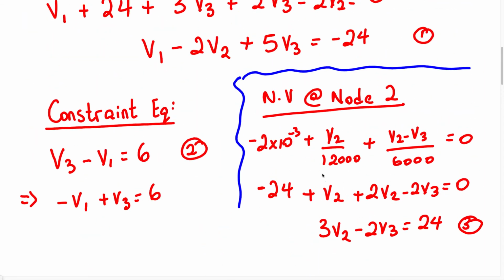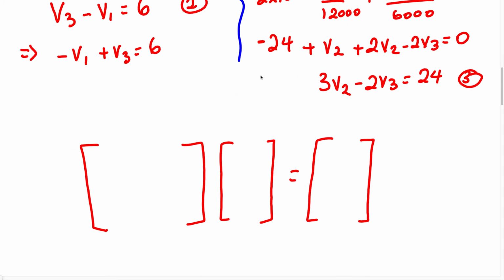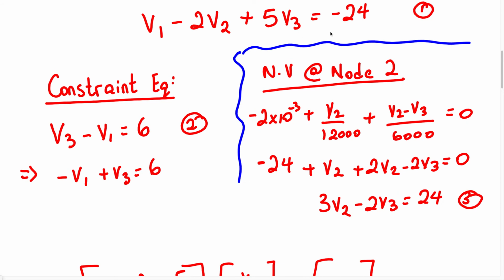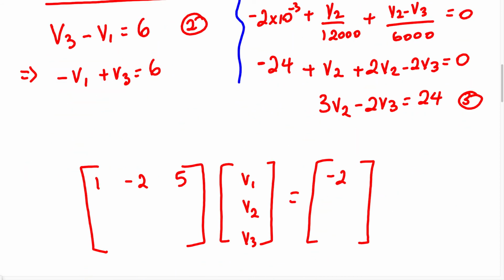For equation 1, we're going to have a positive 1, a negative 2, positive 5. And we know the unknowns are going to be V1, V2, and V3. And that equals negative 24. For equation 2, we had a negative 1. We don't have any value for V2, so we're just going to write it as 0, right?